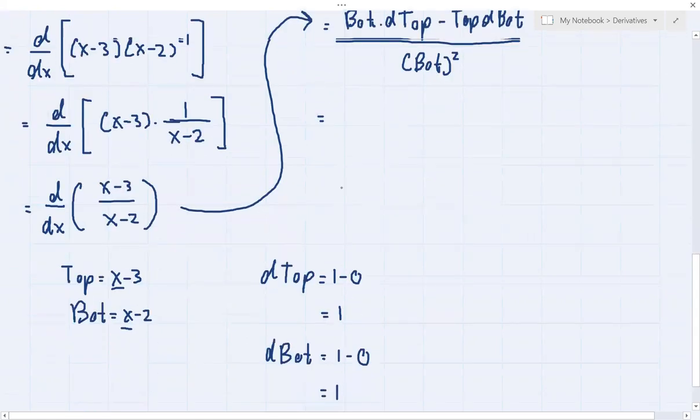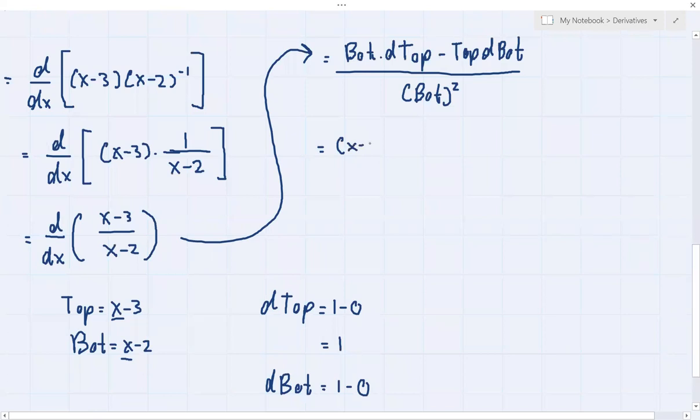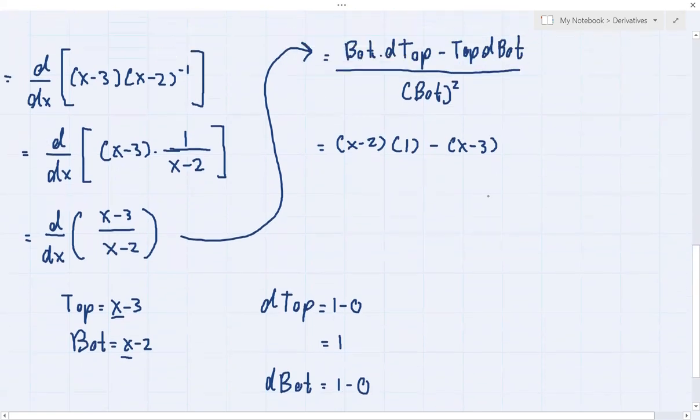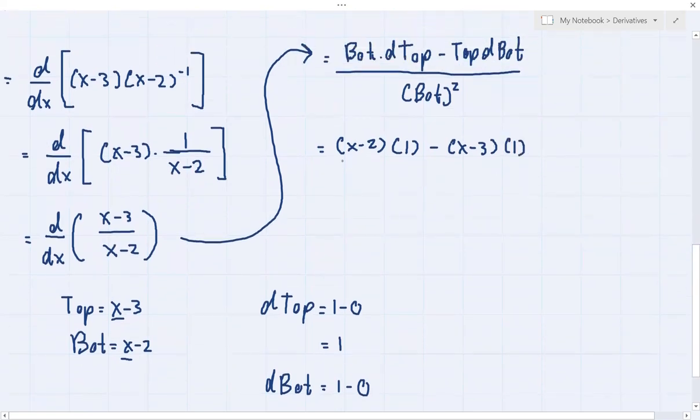So, the bottom is x minus 2. The derivative of the top, or d top, would be 1, minus top, which is x minus 3, times d bot, or the derivative of the bottom, which is 1. All over the square of the bottom, which is x minus 2 squared, or the square of x minus 2.